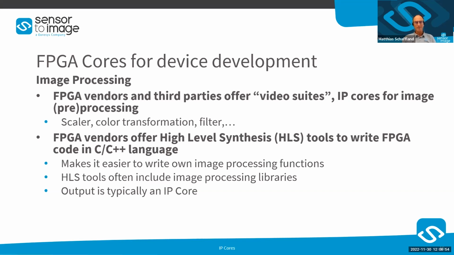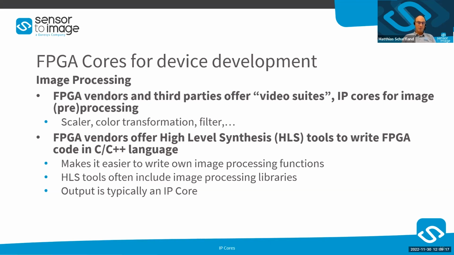For that, some FPGA vendors offer high-level synthesis tools that enable you to write FPGA code in C or C++ language. This makes it easier for you to write your own image processing functions, especially if you come more from software engineering.